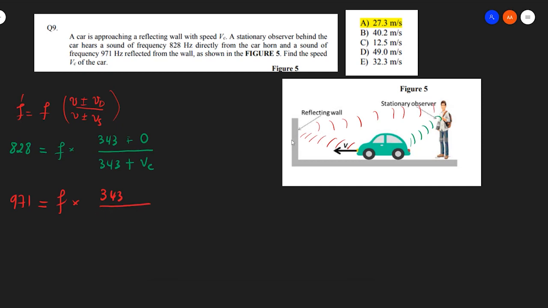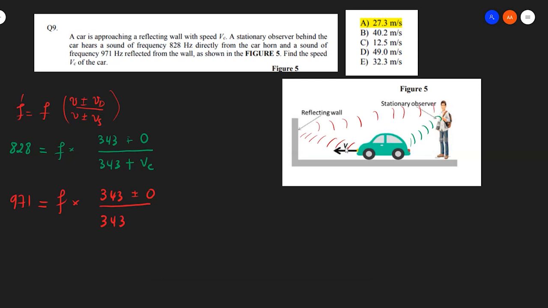First of all, the car is moving this way, and the wall is the detector. So here I will put plus or minus 0. The detector is 0. It's not moving. And then 343.